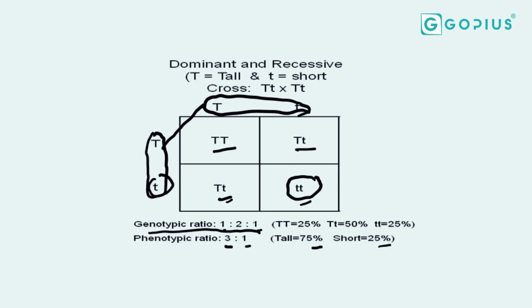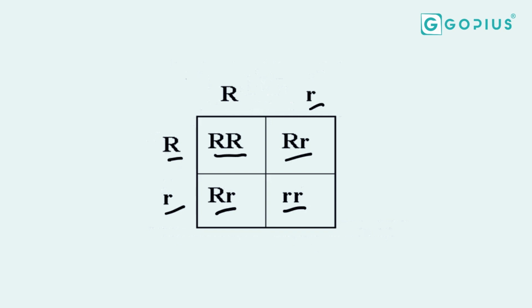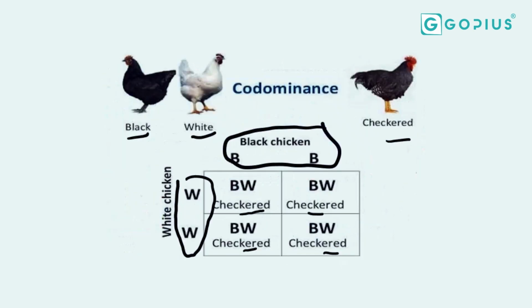You will still have a tall gene in the offspring. So the crossing involves two different types of genes, but it will still give you the same result. Even if you carry out this experiment on subsequent occasions, you will still have the same results as long as two heterozygous individuals are crossed together. The same thing applies when you talk about round seeds and wrinkled seeds.